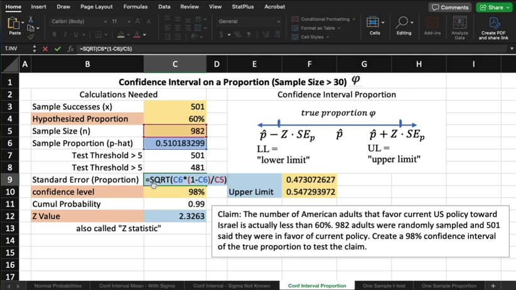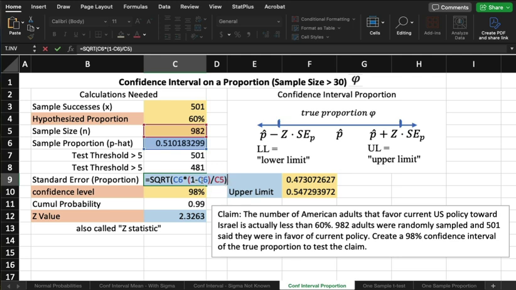It's equals SQRT, square root, parenthesis, and it's C6 times, parenthesis, 1 minus C6, close parenthesis, slash or divide by C5, and then another close parenthesis.